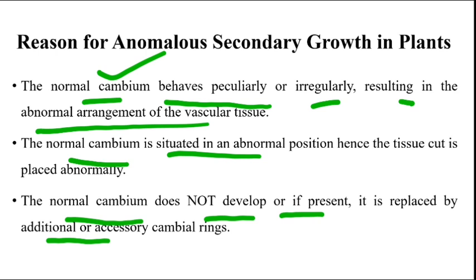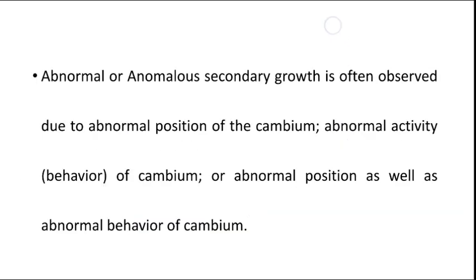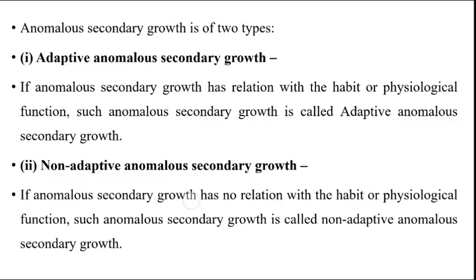Sometimes normal cambium is there, but it behaves abnormally, and sometimes abnormal or additional layers of cambium are present. Anomalous secondary growth is often observed due to abnormal position of cambium, abnormal activity of cambium, or both.